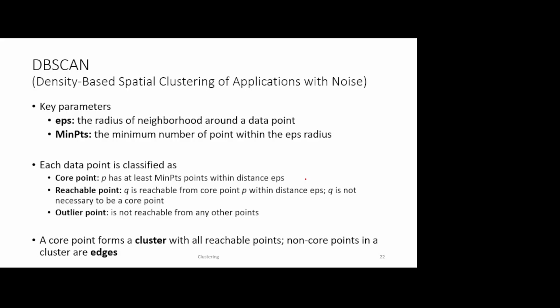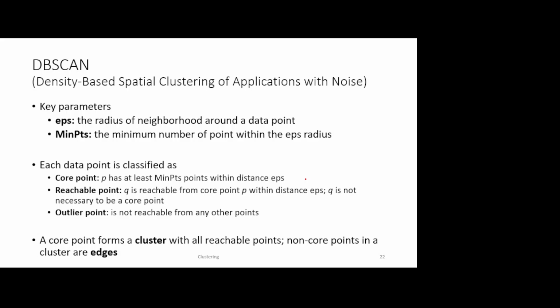The second parameter is minimum points. This means within the radius, how many data points must be inside. It's the minimum number. If you don't have a sufficient number of neighbors, you will be considered noise, or you will not be a core point.